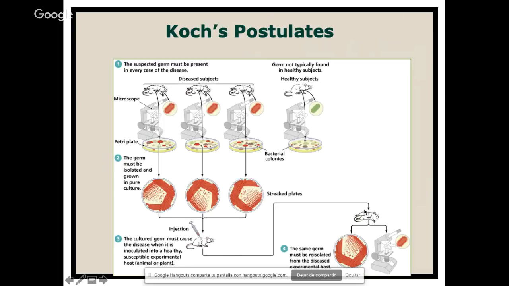Then from this new animal, we also take the germ, and it must be re-isolated from the diseased experimental host. And that's how they used to prove that the same bacteria produce the disease.